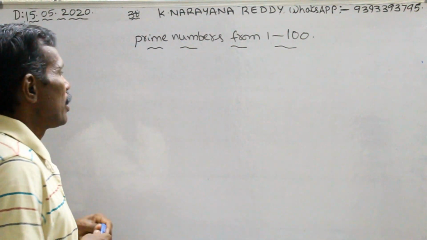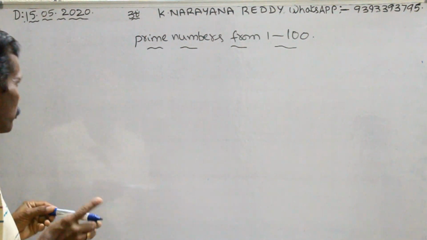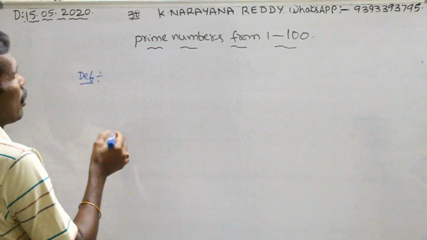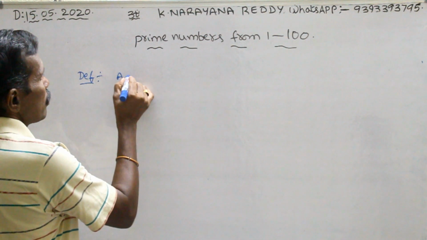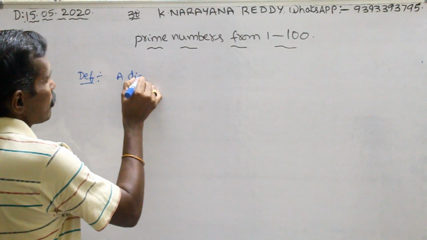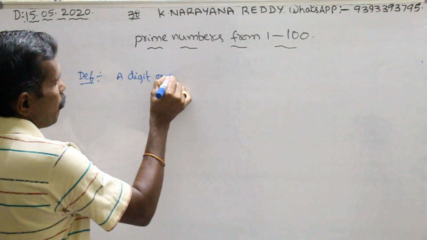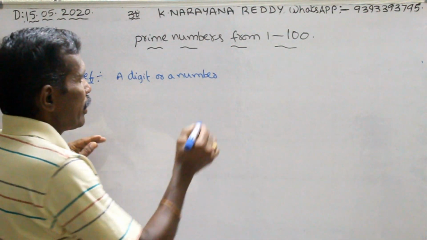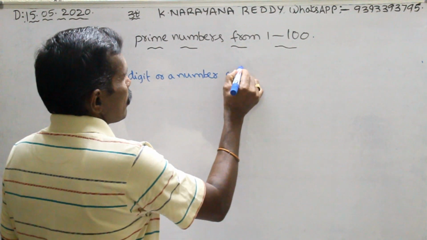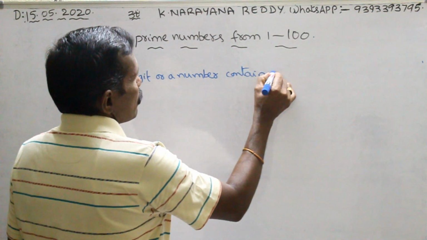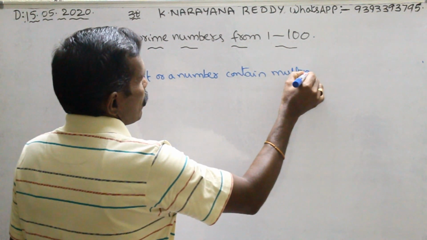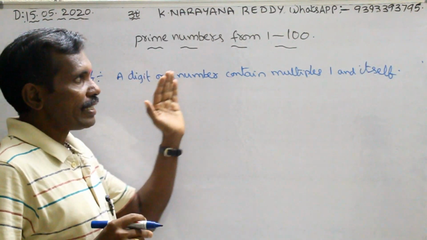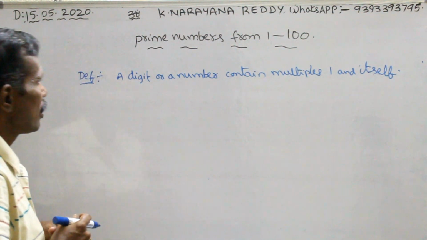What is a prime number? The definition of a prime number: a digit or a number that contains only two multiples, 1 and itself. What does that mean?